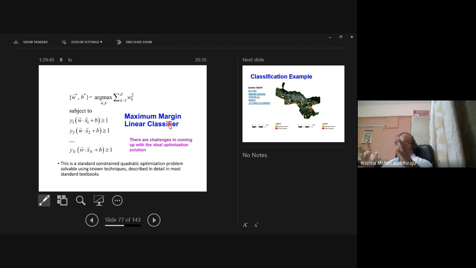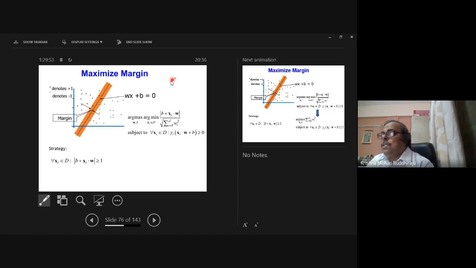Accepting that, you try to maximize the margin. That is, suppose a black circle is on this side due to noisy measurement, sensor malfunction. Similarly, this is on this side. You cannot do anything about it. You cannot draw a boundary where all samples are on the correct sides. Impossible.